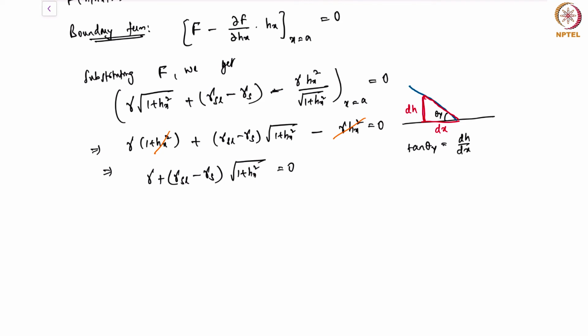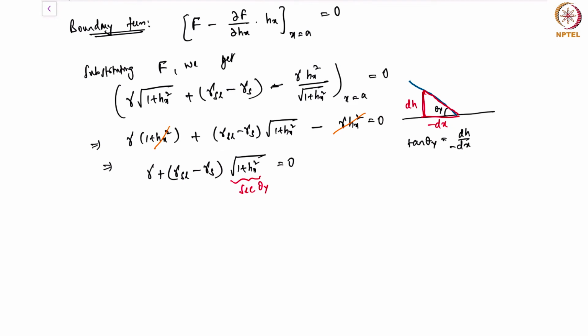Technically speaking, it should be negative because this is minus dx, but since I'm having the square of it anyway, it does not matter. The square root of this essentially becomes secant of theta y. And I have cos of theta y is gamma s minus gamma sl by gamma.